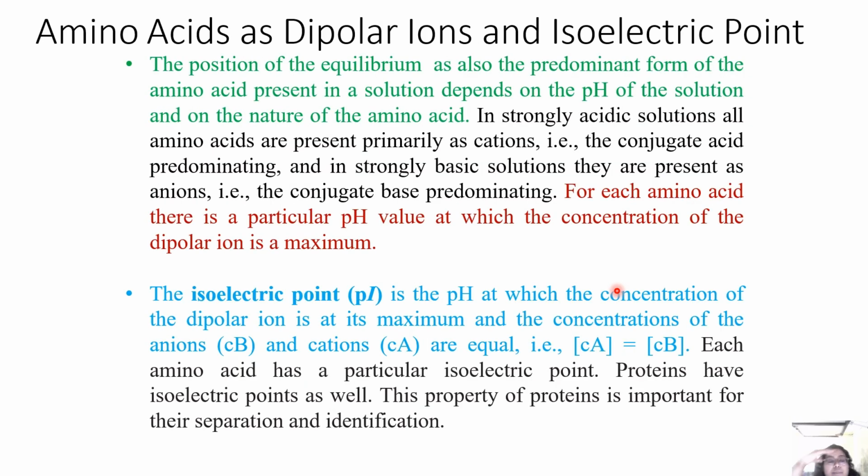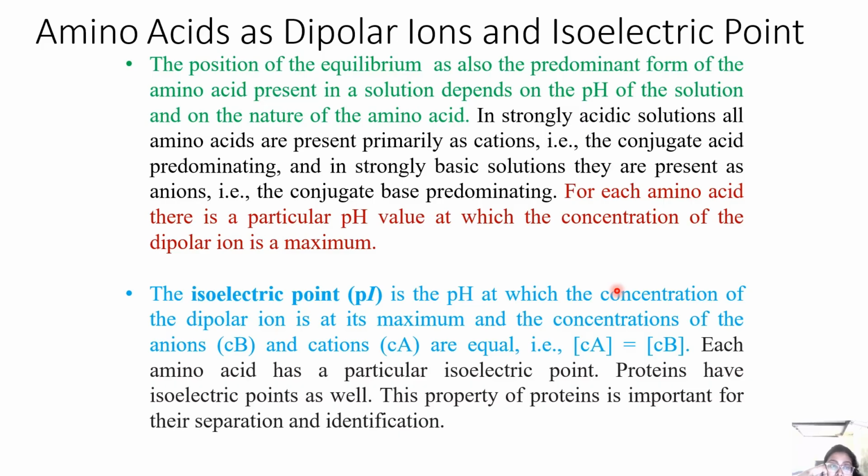The position of the equilibrium, as also the predominant form of the amino acid present in a solution, depends on the pH of the solution and on the nature of the amino acid. In strongly acidic solutions, all amino acids are present primarily as cations, that is, the conjugate acid predominating, and in strongly basic solutions, they are present as anions, that is, the conjugate base predominating.